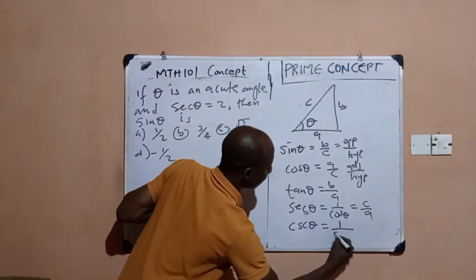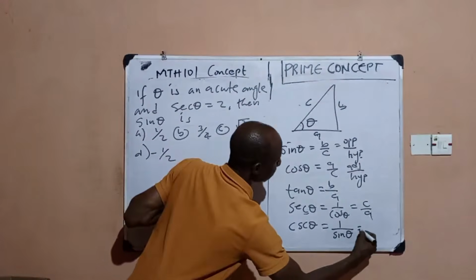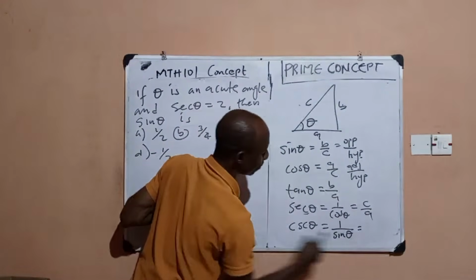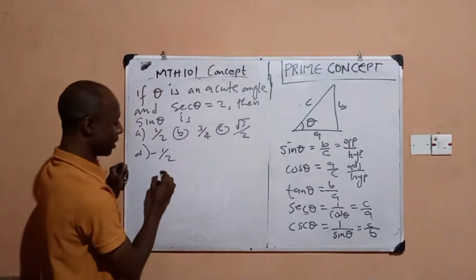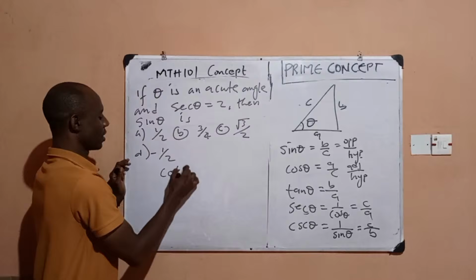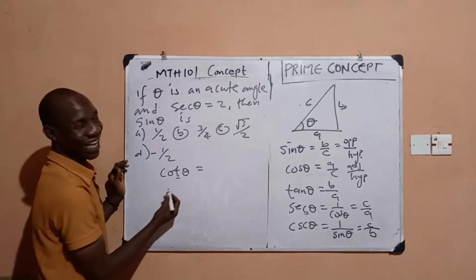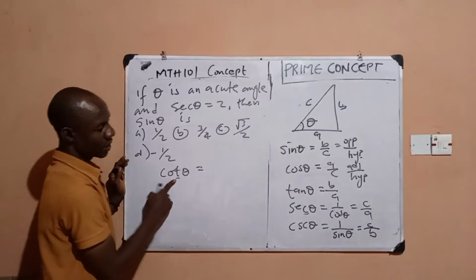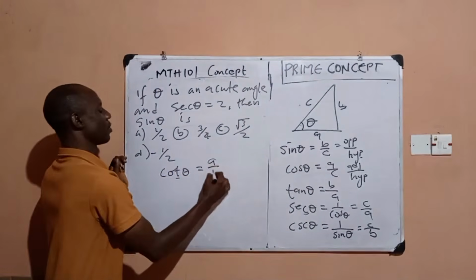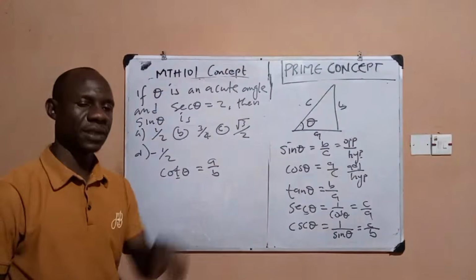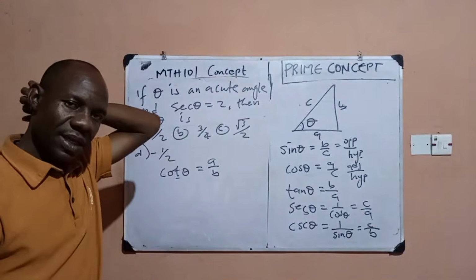Cosec is 1 over sine theta, which is C over B. Then finally you have cot theta. Cot is 1 over tan. Tan is B over A, so cot will be A over B. Please take note of these things.